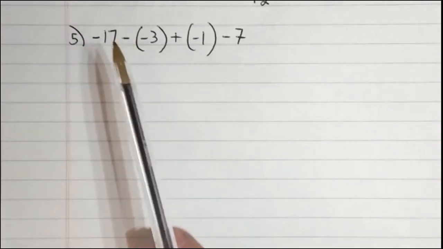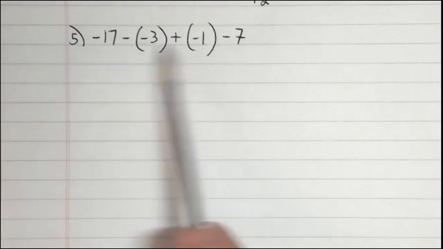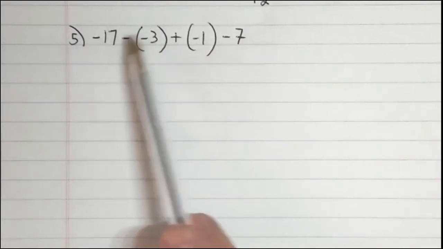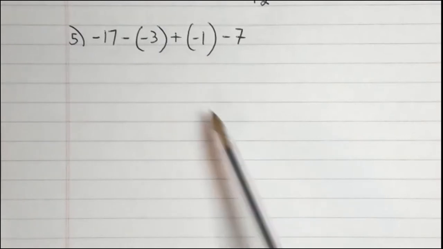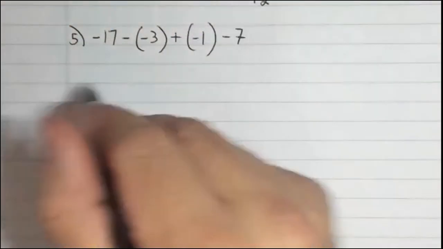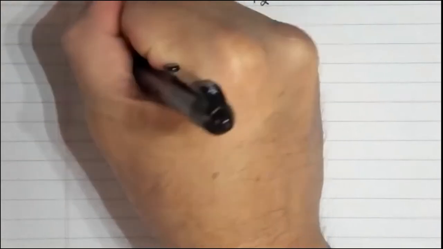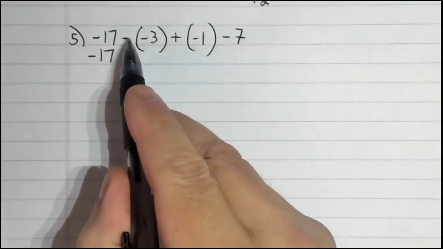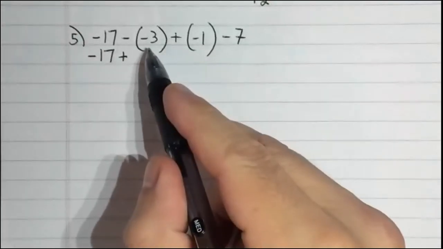Okay. One of the first things I would do is just rewrite these problems where we don't have subtraction. We want them all to be addition problems. So anywhere there's a subtraction, we're going to change it to adding of the opposites. And we can do that pretty quickly. So here we have being subtracted by -3, so we're going to change that to adding. What's the opposite of -3?